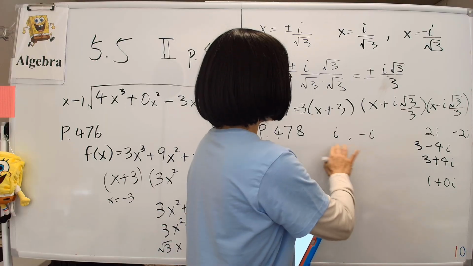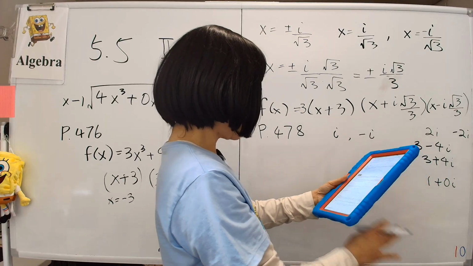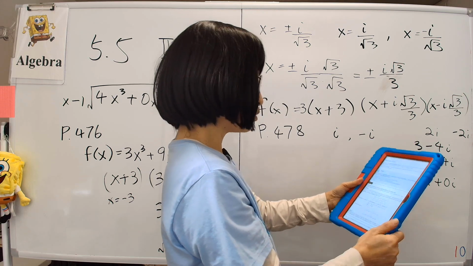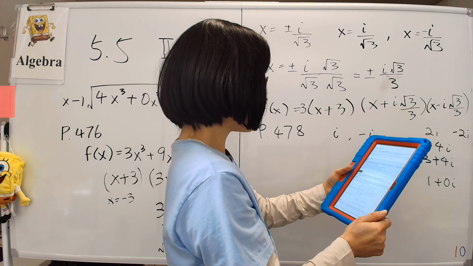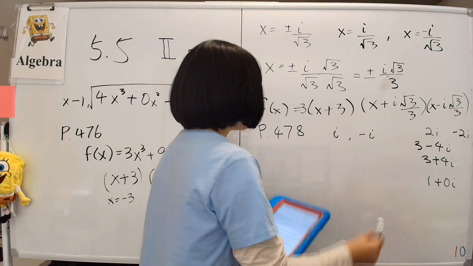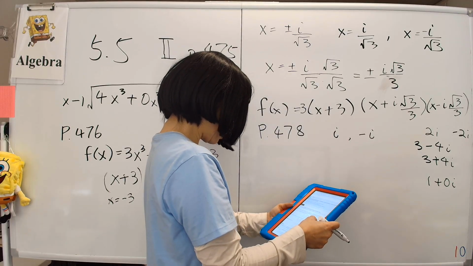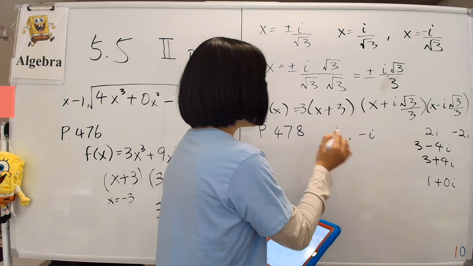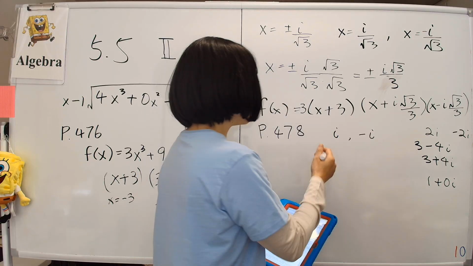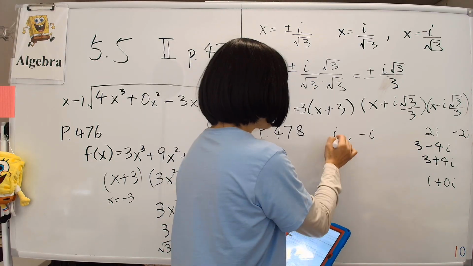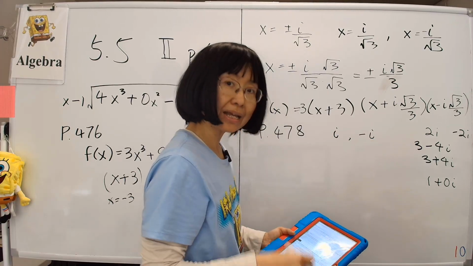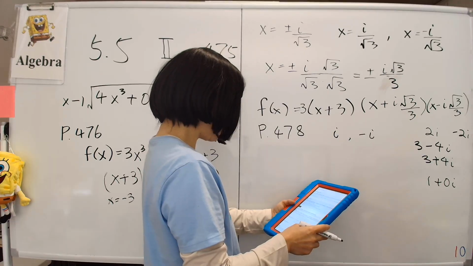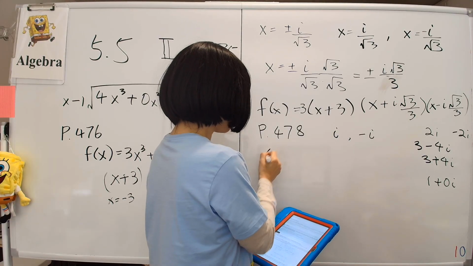Now, having said that, we have a polynomial with zeros of -3, 2, and i. There is a rule that a polynomial with real coefficients, if it has i as a zero, will have -i as a zero. So we can write it down.